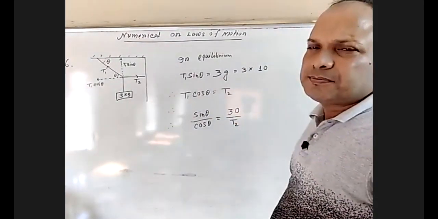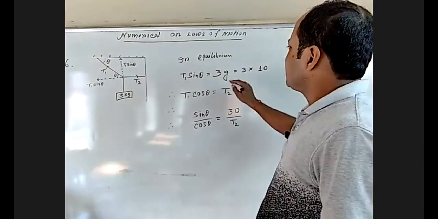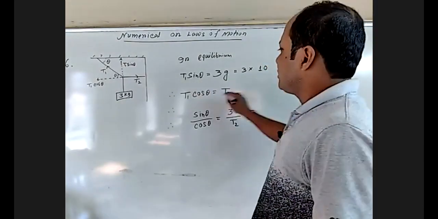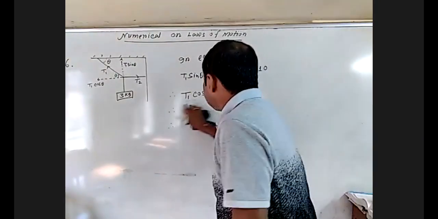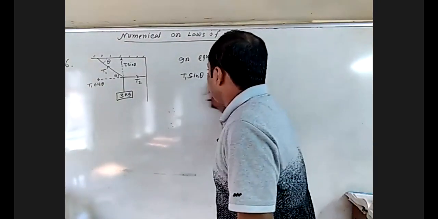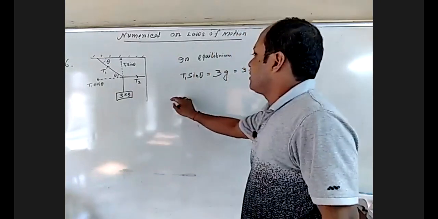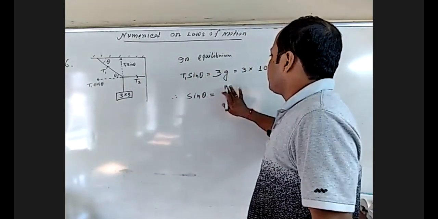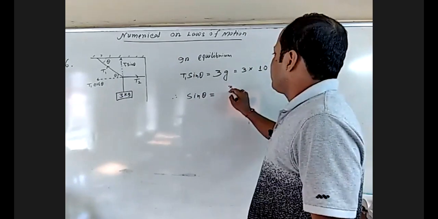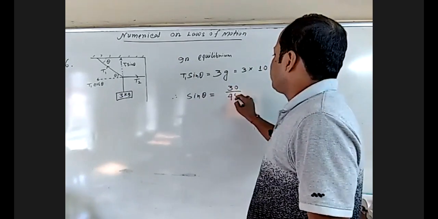T1 is given. Here T1 is given. Then you can find, oh, sorry. T1 sin theta equals 30, so sin theta equals 30 by 45.